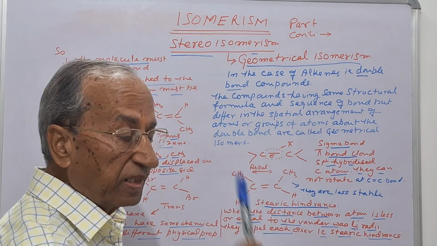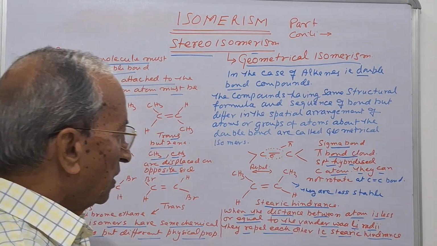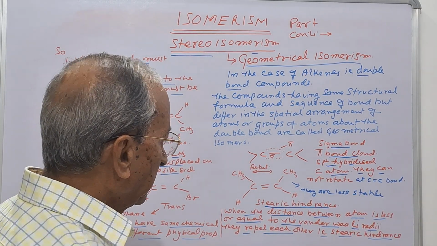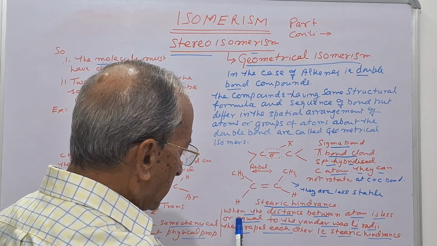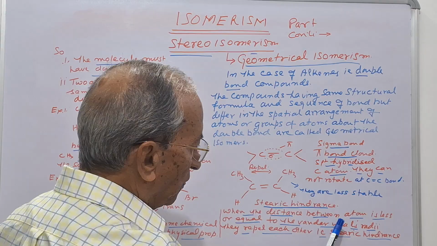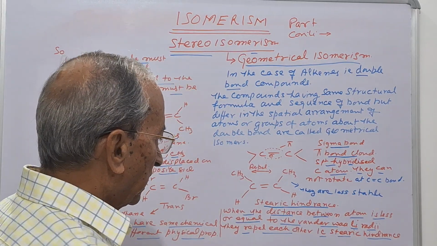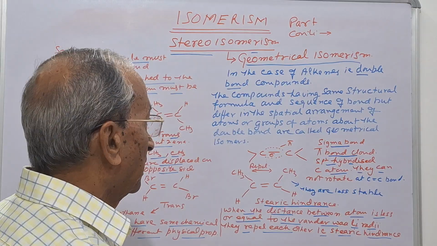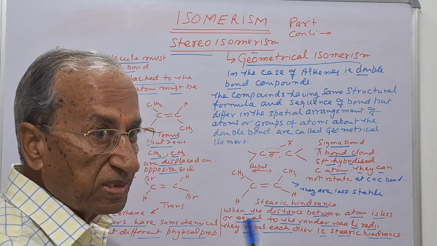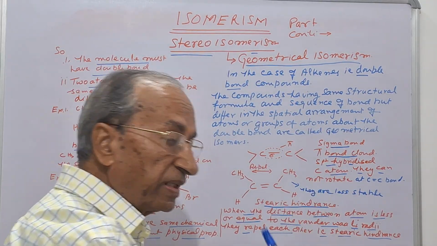Now, what is steric hindrance? It was found that when the distance between the atoms is less than or equal to the van der Waals radii, then the atoms repel each other. Repulsion between the atoms is there. So that is the steric hindrance.